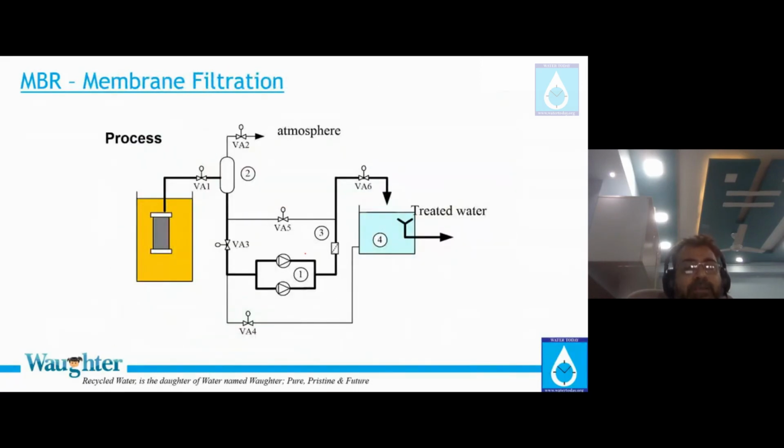In fact, in some larger plants, we also have a level sensor here. Because what will happen is, if the air is continuously coming here, and water is here, then the air will be filled, right? More and more air filling means the air will start building pressure, because air is getting pressurized.